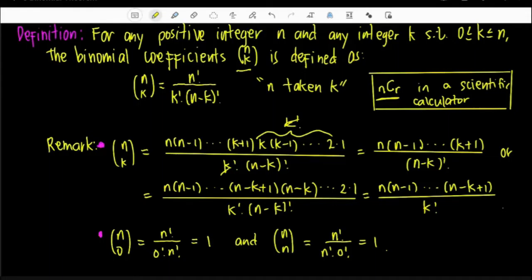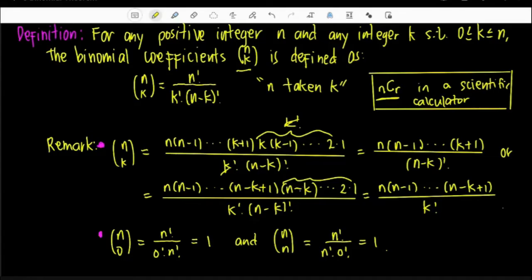Now, you do that when k is larger than n minus k. But on the other hand, if n minus k is larger, then instead of canceling just up to k, since now n minus k factorial is bigger than k factorial, you can cancel n minus k factorial. So you can cancel up to this term.